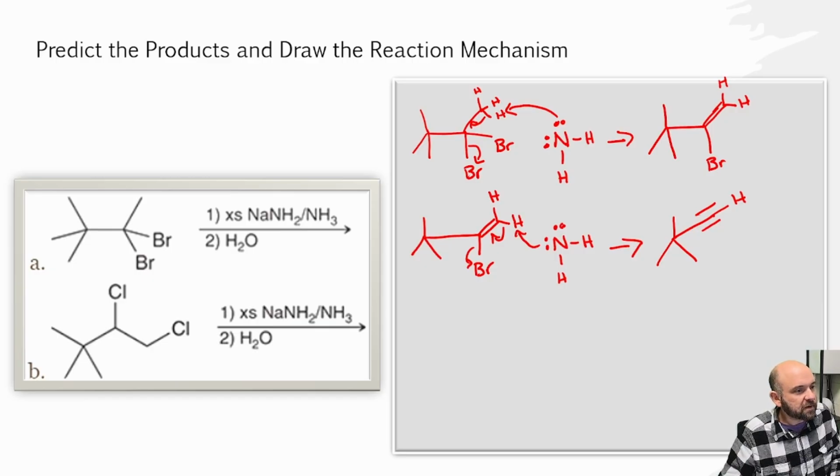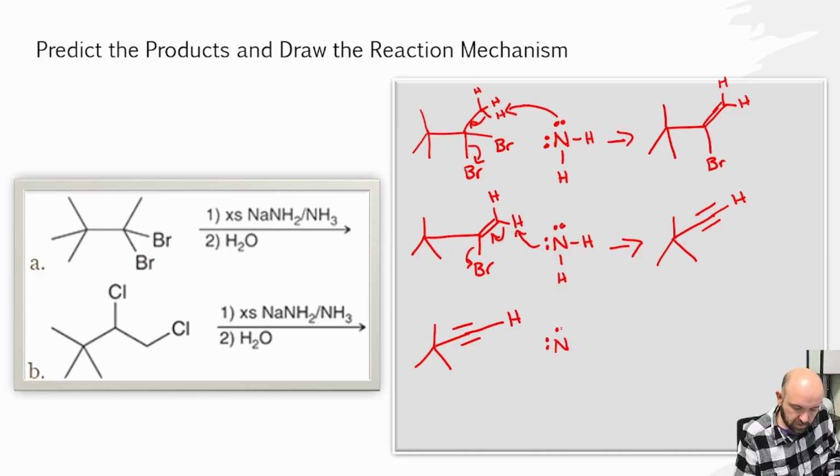Because we have excess NaNH2, another amide ion present in our reaction flask would more than likely come in and finally take that proton.